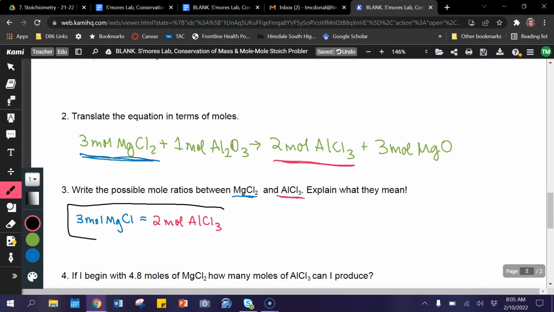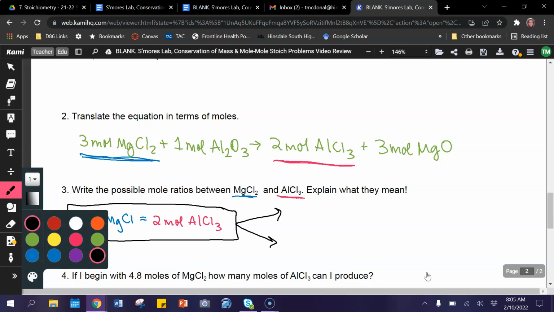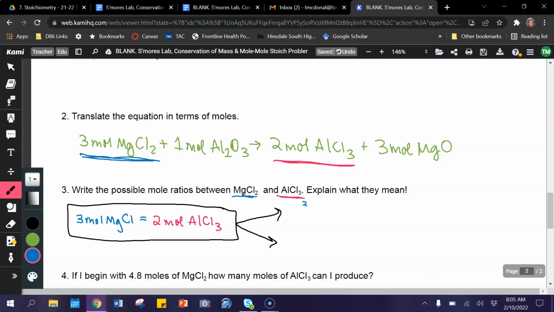We're going to take this equation and rewrite it in two ways. The first way is we can write it as 3 moles of magnesium chloride is equal to 2 moles of aluminum chloride. Or we could flip this around and write it as 2 moles of aluminum chloride is equal to 3 moles of magnesium chloride.